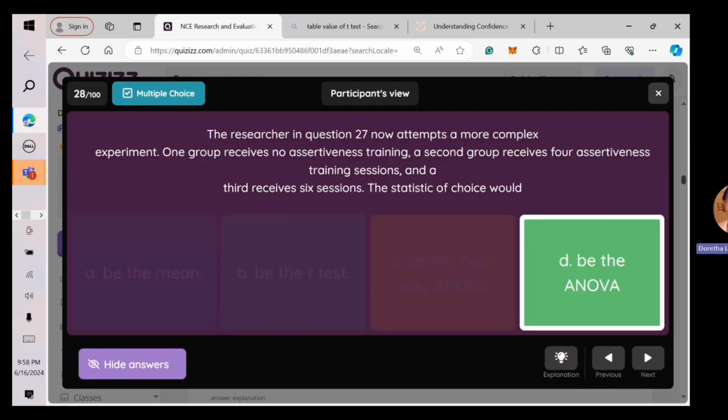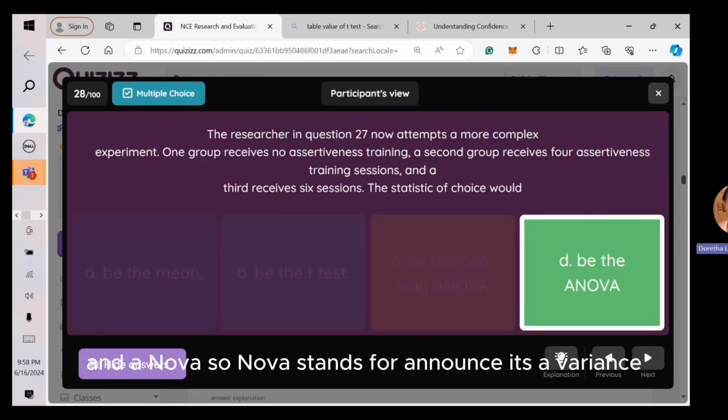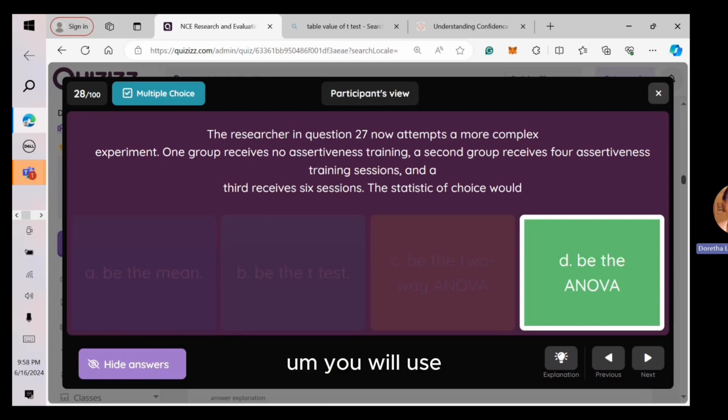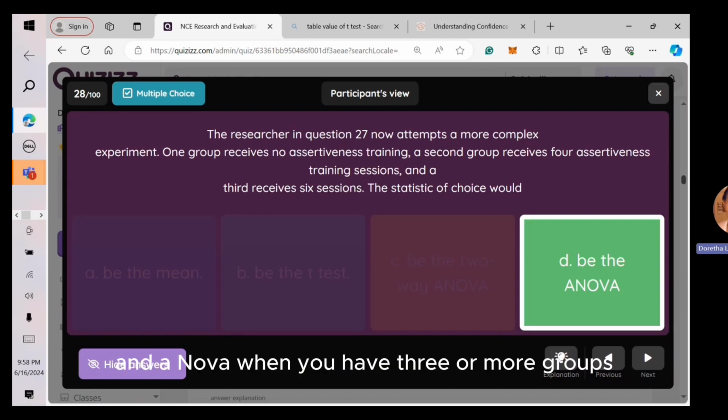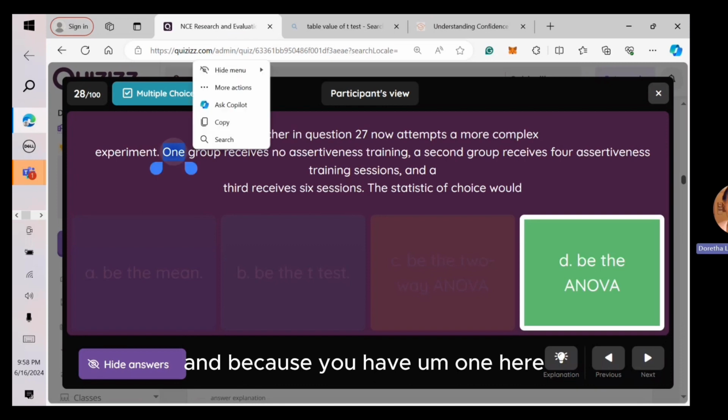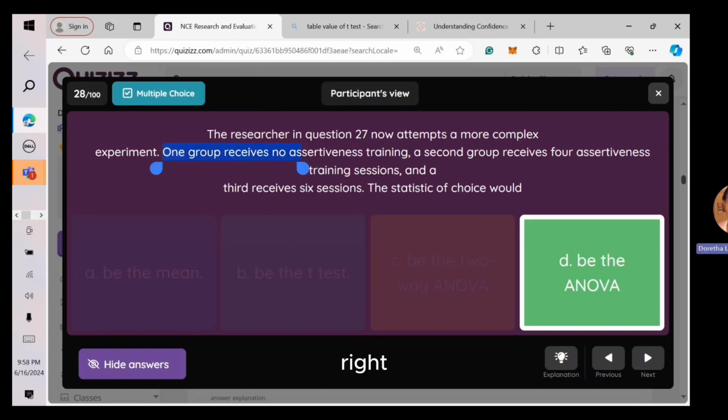An ANOVA. So ANOVA stands for analysis of variance. You will use an ANOVA when you have 3 or more groups, right? 3 or more independent variables. Because you have one group here, then you have another one here.